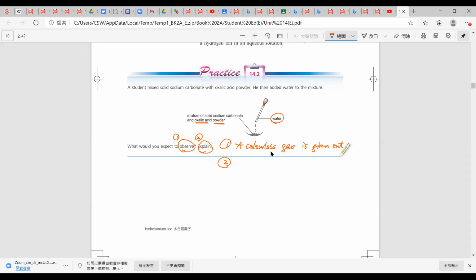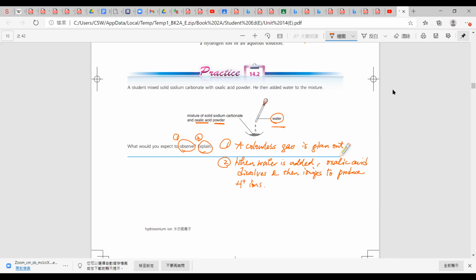So here come the reasons, the explanation. What will happen? When water is added, the solid oxalic acid will dissolve, and then we use the word ionize, it ionizes to produce hydrogen ions.